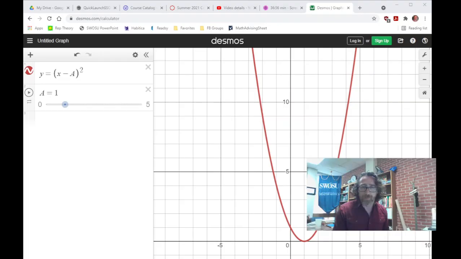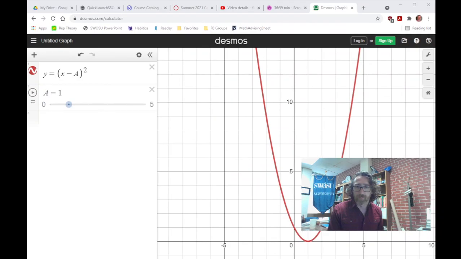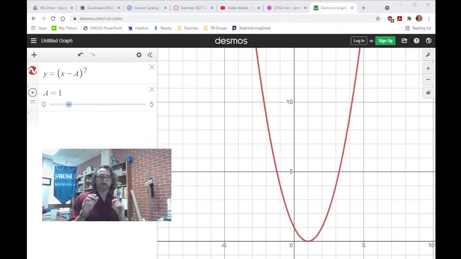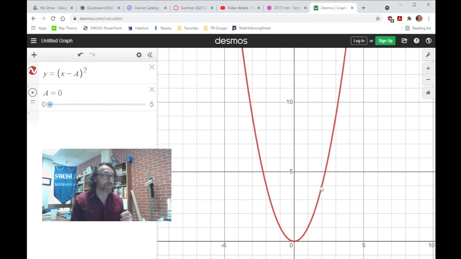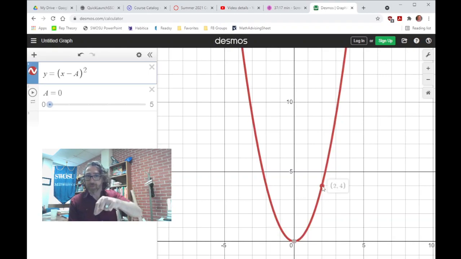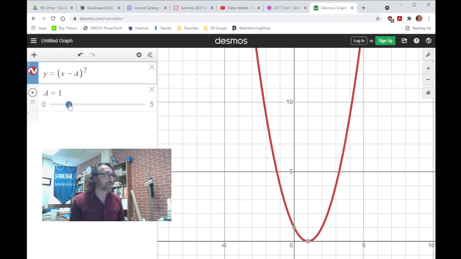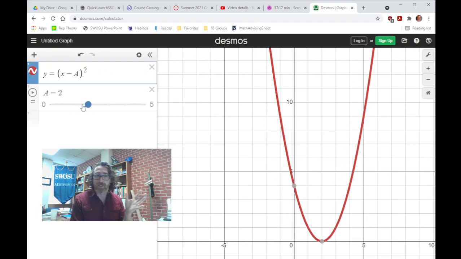So when you change the input to the function, that should affect the x-axis because on the graph, the x value represents the input to the function, like we were talking about right here. (2, 4) is on the graph because if you put 2 into the squaring function, you get 4. 2 goes in, 4 comes out. So if you mess with the x value, that is going to affect the graph horizontally.